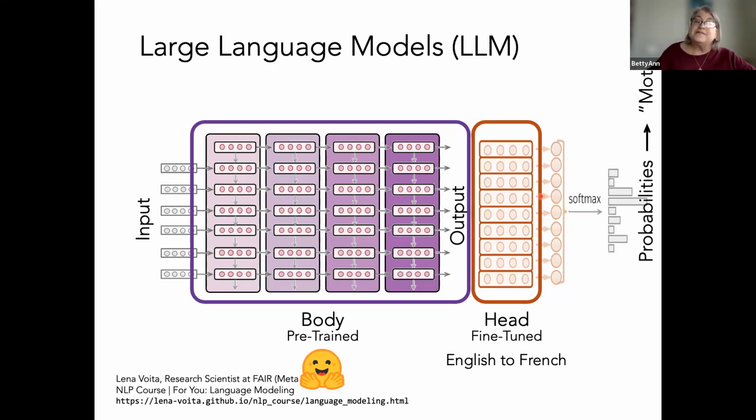And so again, what is amazing about this is all this stuff back here in the body, I don't have to touch that. I don't have to train that if I don't wish. I can just do this fine tuning of one layer, this head layer, and that can be as quick as 15 minutes. So I can basically build on top of this large language model that someone took days, if not weeks, to train.